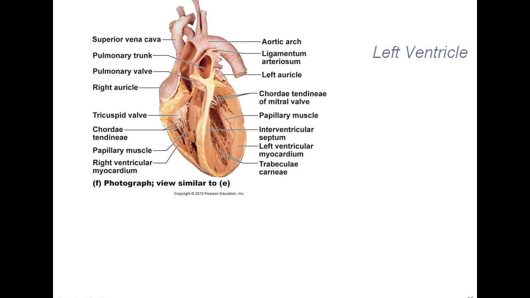Except there's one unique difference, and that is the wall of the left ventricle is much thicker than that of the right ventricle. The reason for this is that the left ventricle must push all this blood through the entire systemic circuit of the body. Again, miles and miles of blood vessels, and some of these have a diameter of just fractions of a millimeter.